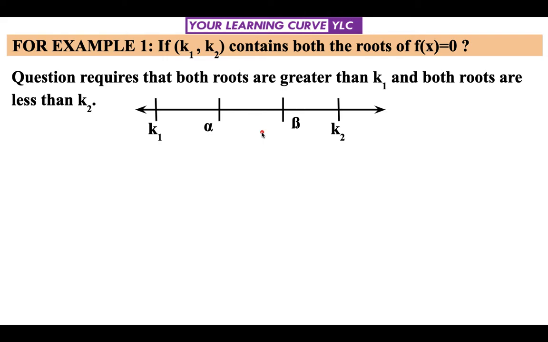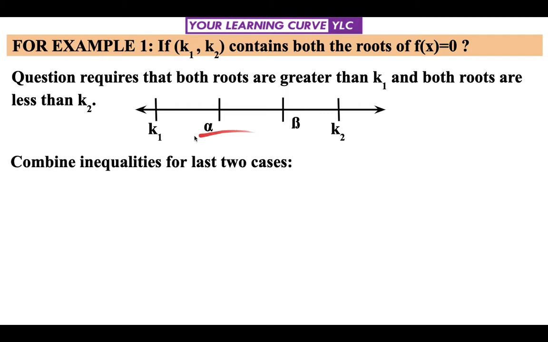So this is a combination of the last two cases: first, for the number k1 you have to make sure that it is less than both the roots of the quadratic, and then the number k2 is greater than both the roots. So when you combine both the cases, you get the condition that alpha and beta are greater than k1 but less than k2, or in other words alpha and beta belong to the interval k1, k2.